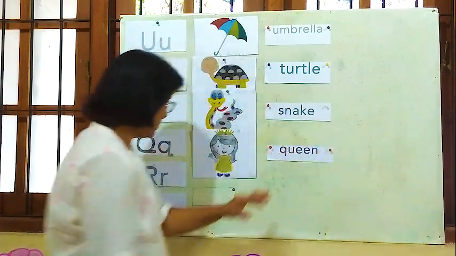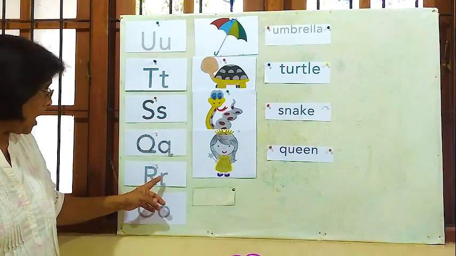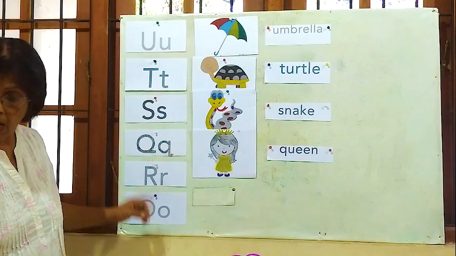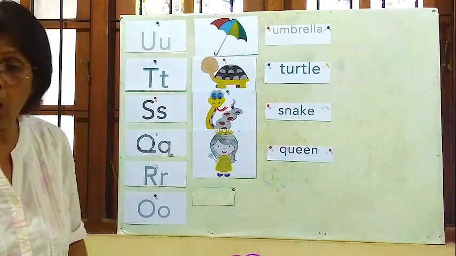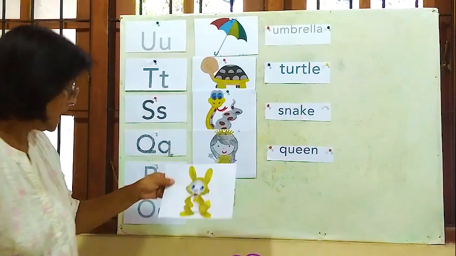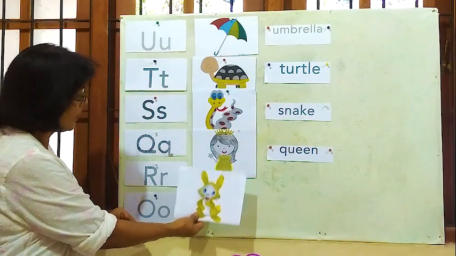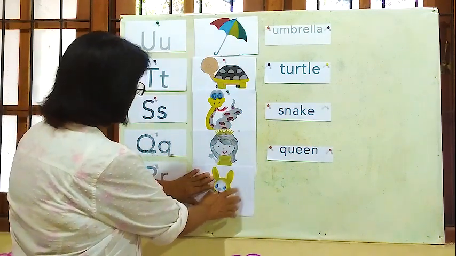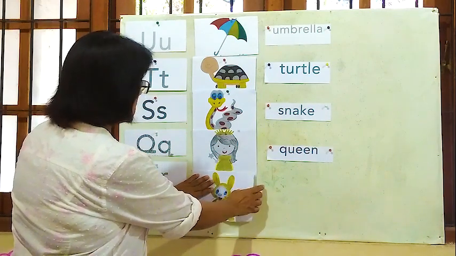Now the next one, R. What is this? The letter R. R for rabbit. Here look. I'm going to fix it here.